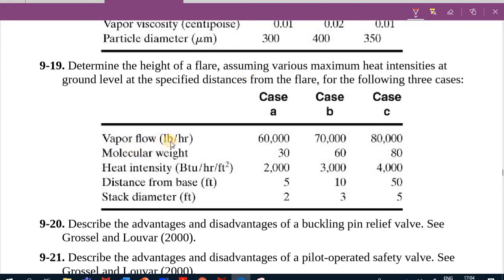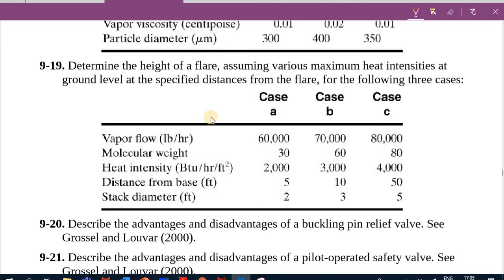We have the vapor flow, which is the mass flow, molecular weight, heat intensity, the Q, the distance at which we're getting this heat intensity, and the stack diameter. It's important to know the height of the flare, but it's also important to know the vapor flow, so that we can have the equation the other way around.